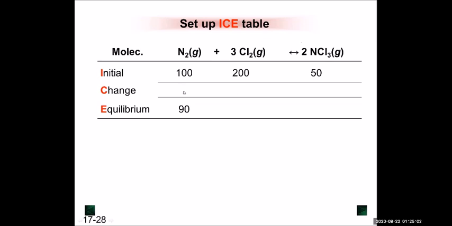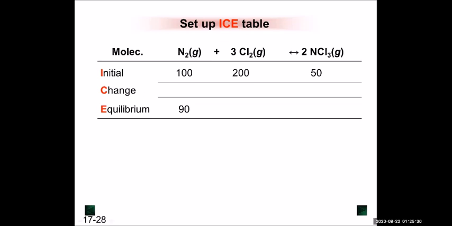Now you have 10 molecules reacted with 30, the NCl3 molecules gained should be 20, because that's what a balanced equation is for. The balanced equation shows us how many reactant molecules should react, the ratio between the reactant molecules, and accordingly, proportionally, the increase in the product.